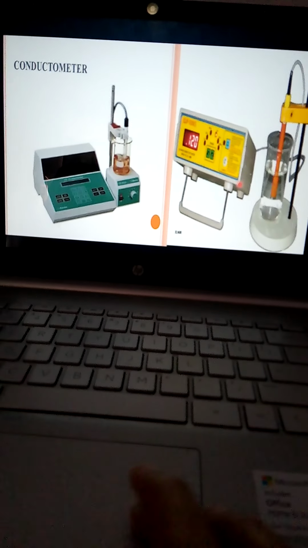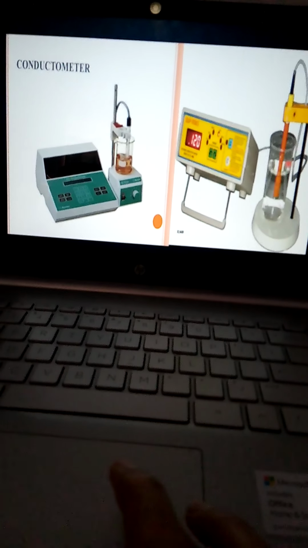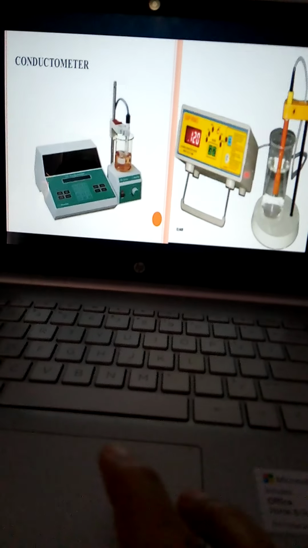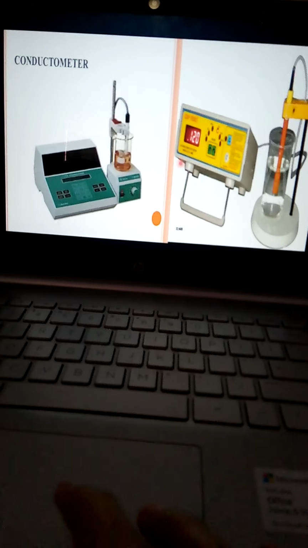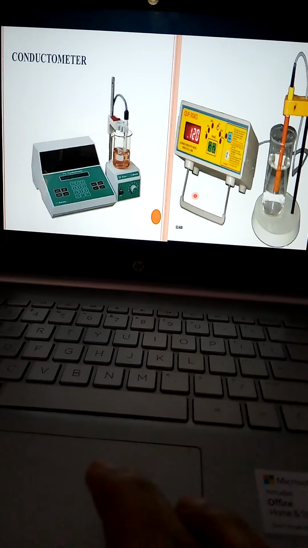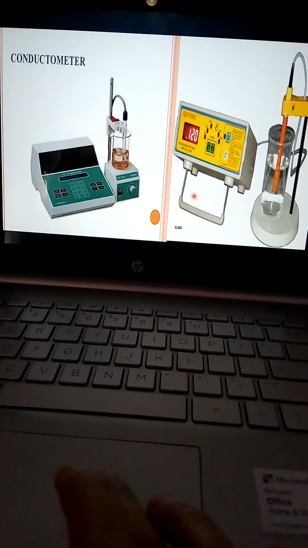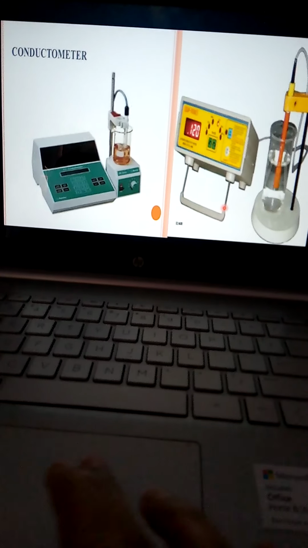Then you will get two straight lines. The two straight lines intersect at a point. That point is known as the end point. This is all about the experimental part and graphical representation of conductometric titration of strong acid versus strong base. Next we will move on to the Viva part.